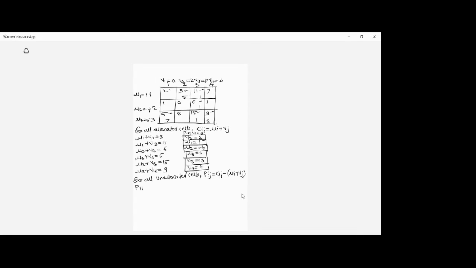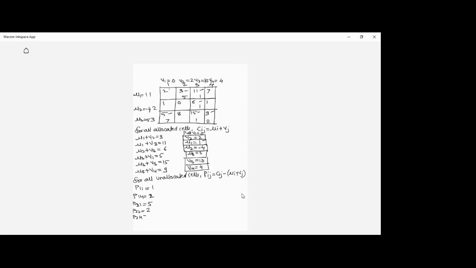Right? So you can find out what P11 is now. P11 will be 1 plus 0 is 1, 2 minus 1 is 1. Nextly we have P14, 1 plus 4 is 5, and 7 minus 5 is 2. Next we have P21. So here minus 4 plus 0 is 0, and 1 plus 4 comes out to be 5. P22 we have minus 4 plus 2 is minus 2, 0 plus 2 comes out to be 2.